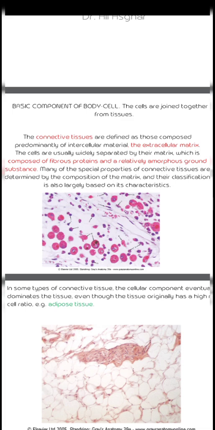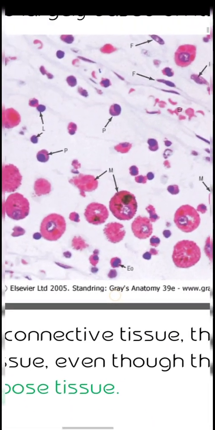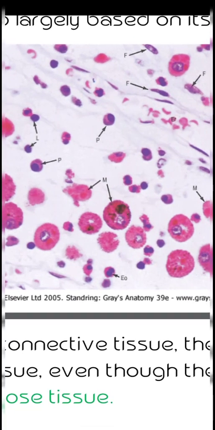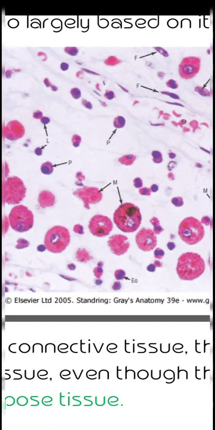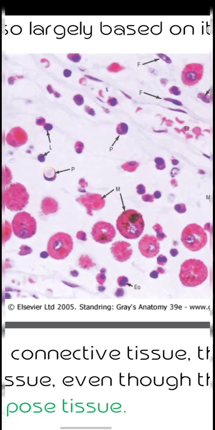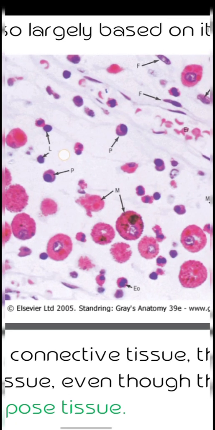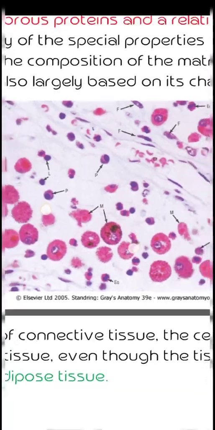Whereas extracellular matrix occurs outside the cell membrane, between two different cells. If we see here, this red circular structure is a cell, whereas the white substance present between the cells is extracellular matrix. This is a cell containing intracellular substance, and all the white part is extracellular matrix.